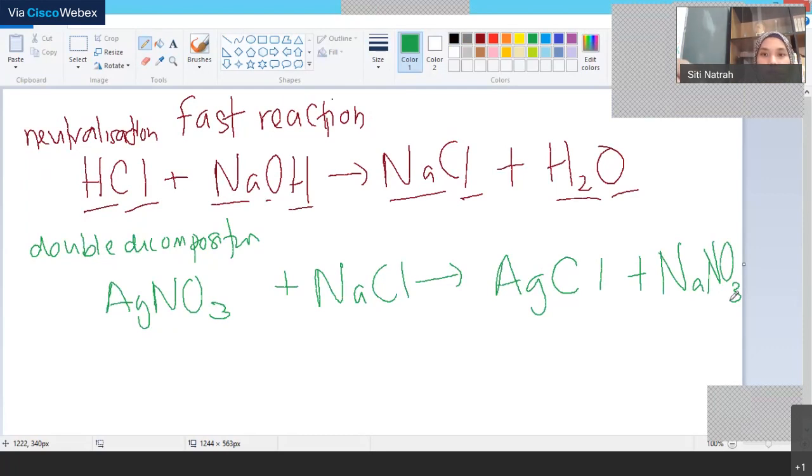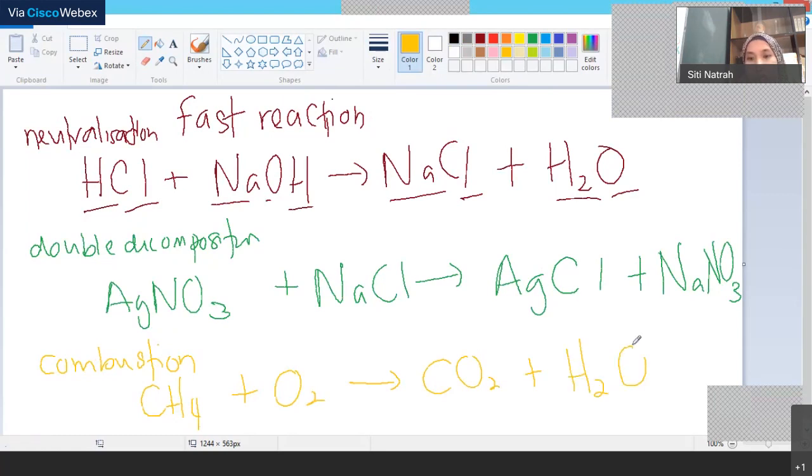Now the last one is combustion. We learned about organic compounds during our first class. CH4: what is CH4? C stands for one carbon. This is methane. Then you burn it with oxygen, so automatically you form CO2 plus H2O. Are they balanced or not?